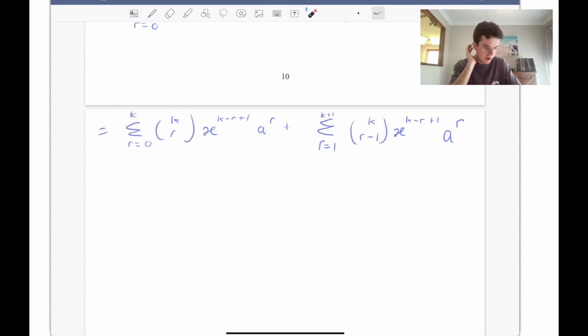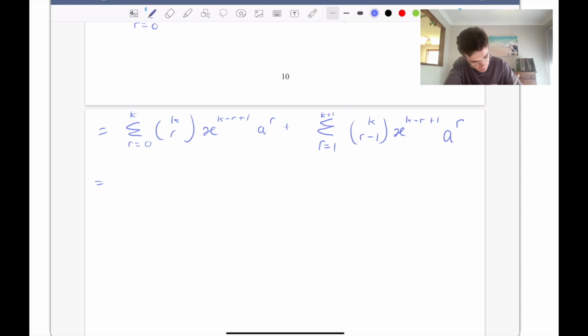So what we might do instead is we might take out the last term of this. So we're going to leave this first thing as the same. We're going to leave this the same, and we might take out the first term of this one and the last term of this one.